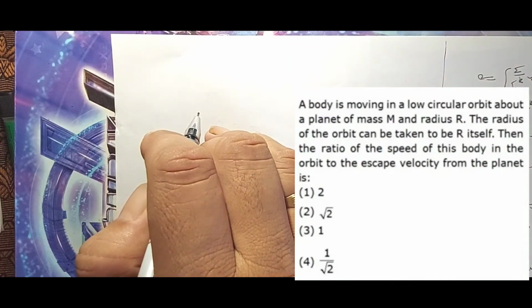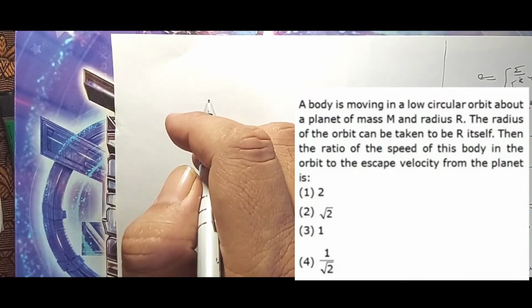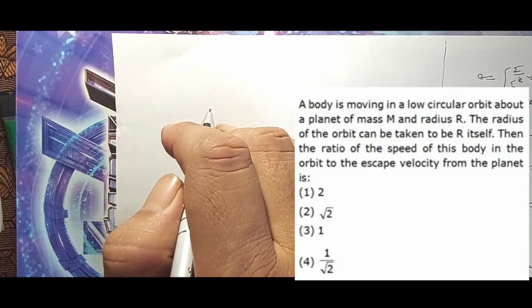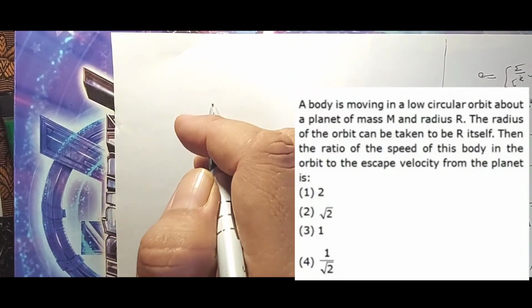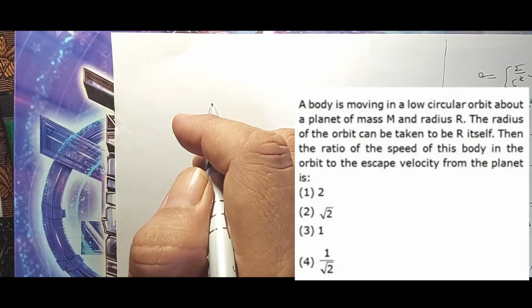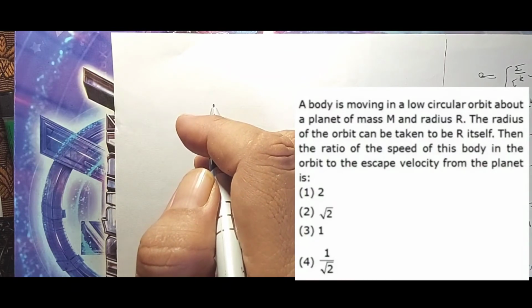Let us read that problem. A body is moving in a low circular orbit about a planet of mass m and radius r. The radius of the orbit can be taken to be r itself.